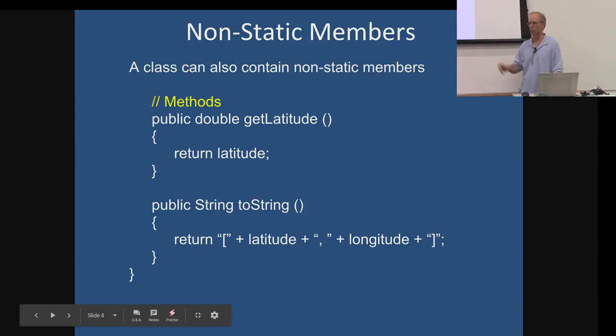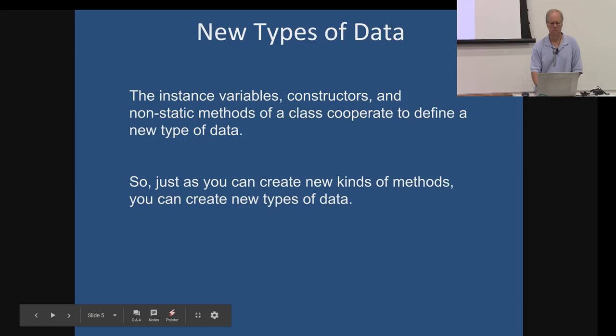How does this allow us to do that? This is just what I said. The instance variables, the constructors, and the non-static methods together cooperate to define a new type of data. So when you use array lists or strings or whatever, behind that is some class that has constructors and methods and instance variables that let you do what you need to do.